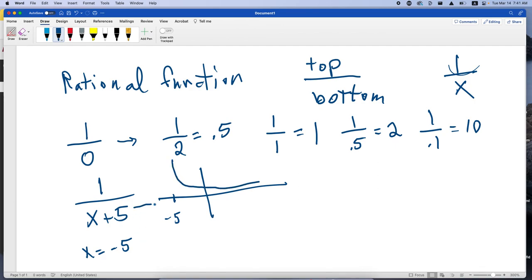And I think the graph will look something like this. What you'll see is the graph is shooting off to either positive infinity or negative infinity, depending upon which side it's coming from. So when we divide by 0, not only is it undefined, it's undefined because we're going to infinity. The y value is going to infinity.